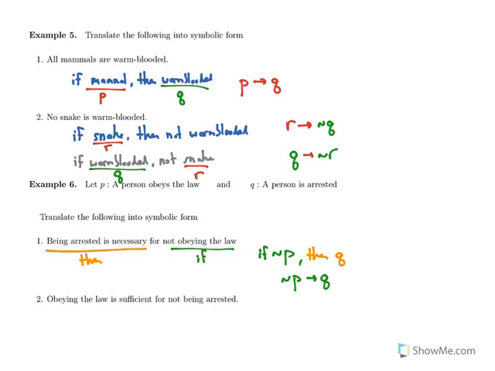For sufficiency, we're saying obeying the law is sufficient. That is the if part. And not being arrested is the then.